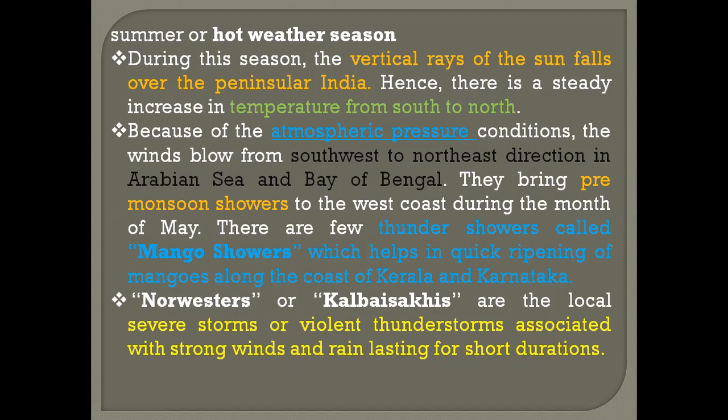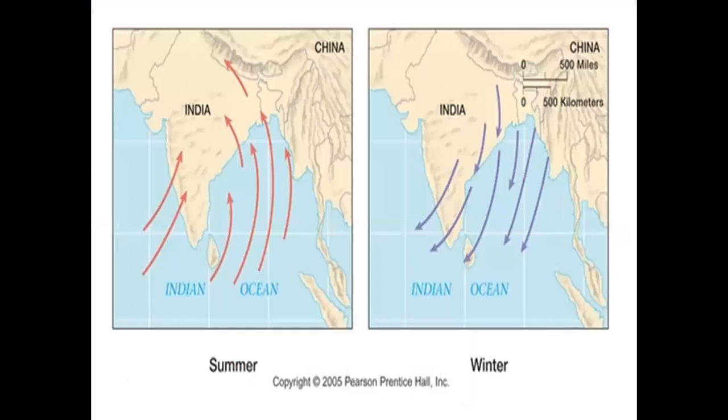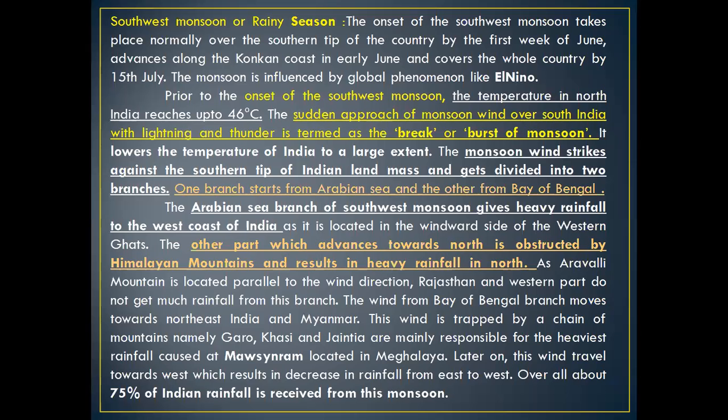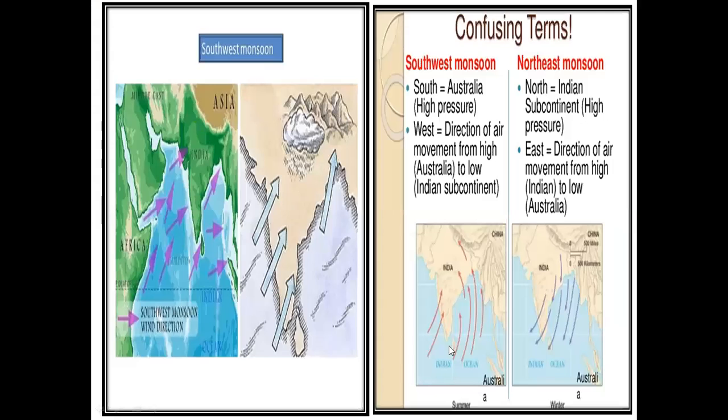The next concept is the southwest monsoon or rainy season. From Australia, there is high pressure, with air movement from high pressure Australia to the low pressure Indian subcontinent.